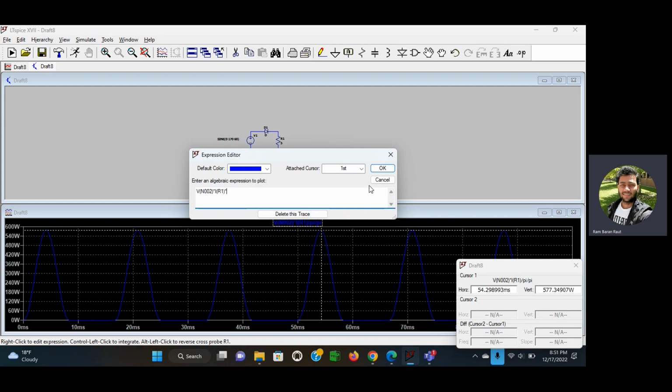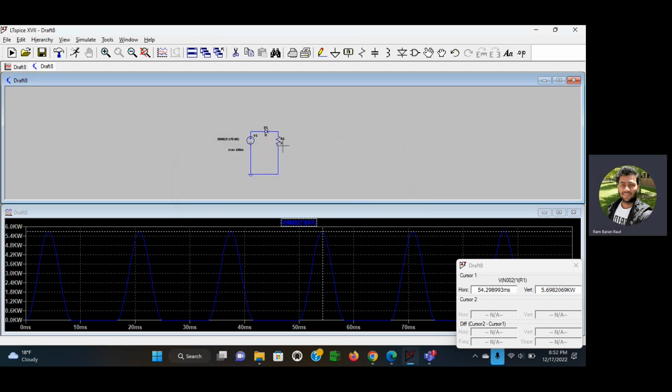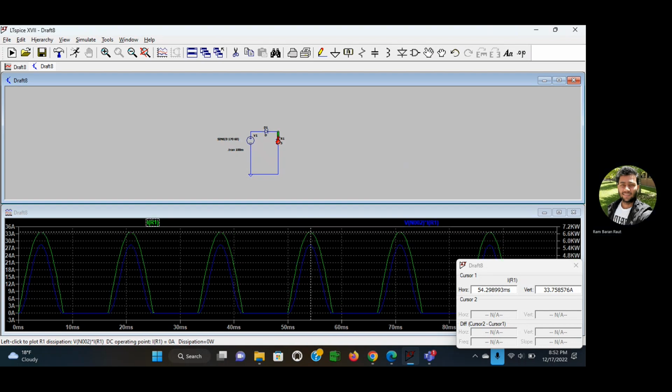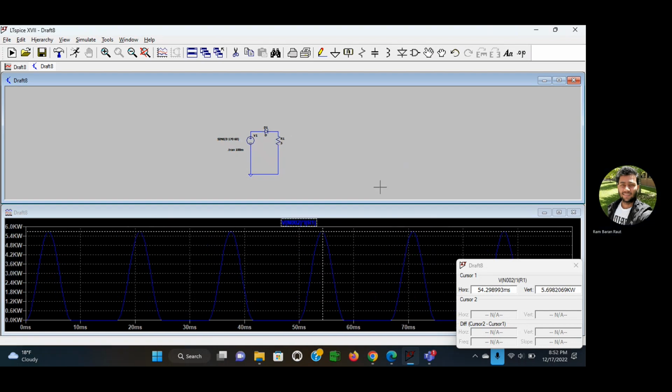So let's go over here, I think. So the voltage over here is this. So this is the power. We are getting 5.6998 kilowatt.